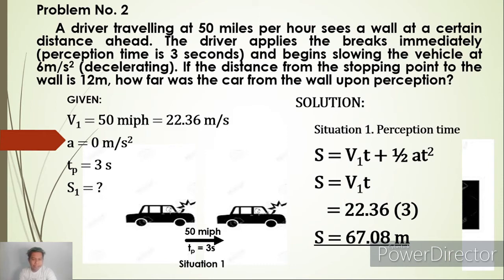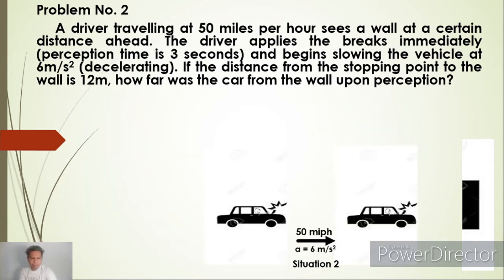Since acceleration ay 0, ang formula natin ay marireduce into S is equals to V1T. So, substitute all the values. S ng perception time is equals to 67.08 meters. So, within the perception time na 3 seconds, nakapag-travel pa yung sasakyan ng 67.08 meters. So, for situation number 1.